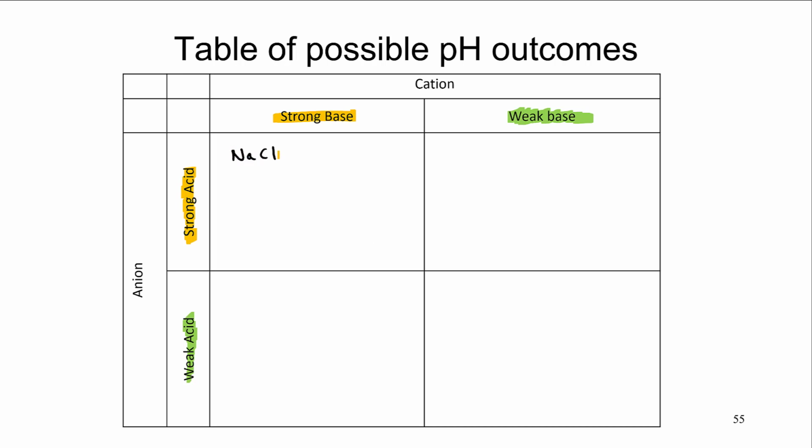It comes from NaOH and HCl. That has no effect. Neither one can change the pH, so the solution pH remains unchanged in pure water.